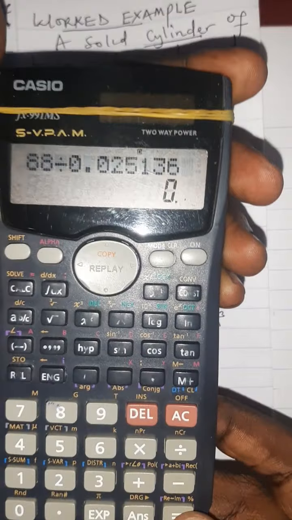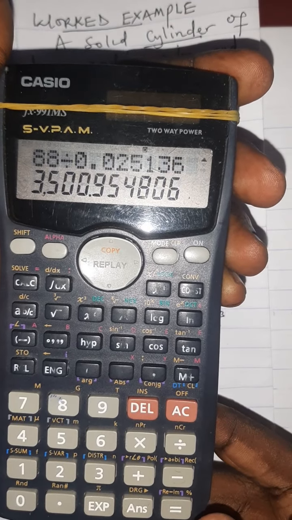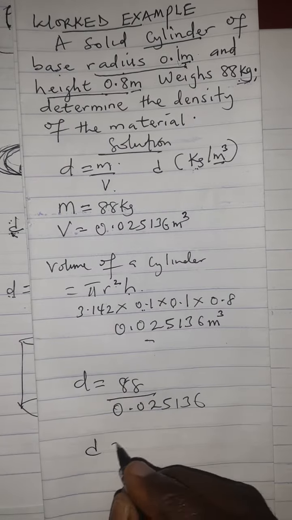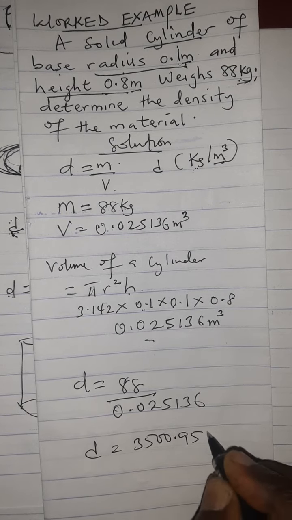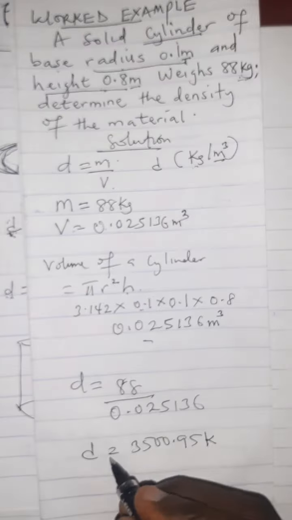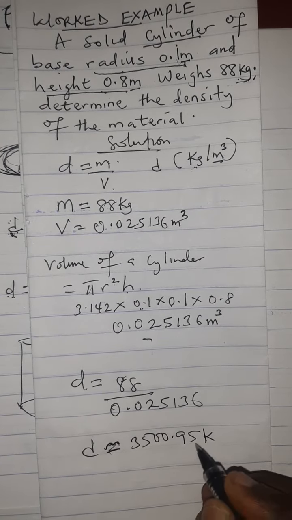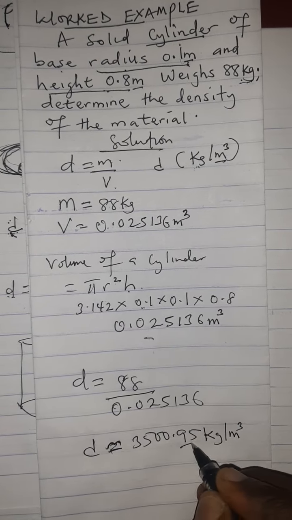So we're going to have 3,500.95. So the density is 3,500.95 kilogram, approximately, actually, because we rounded off to 2 decimal places. So approximately 3,500.95 kilogram per meter cube. So that will be the unit.